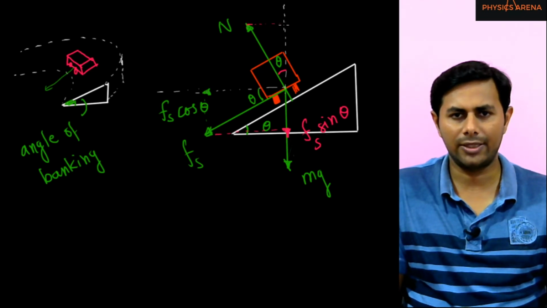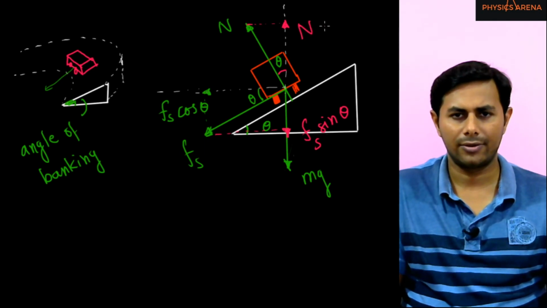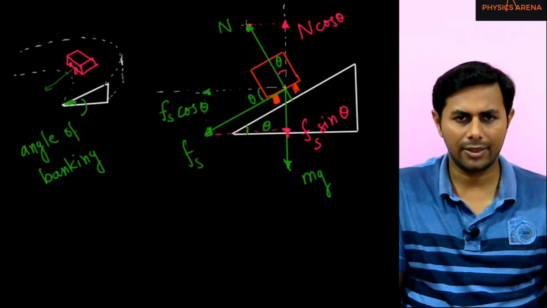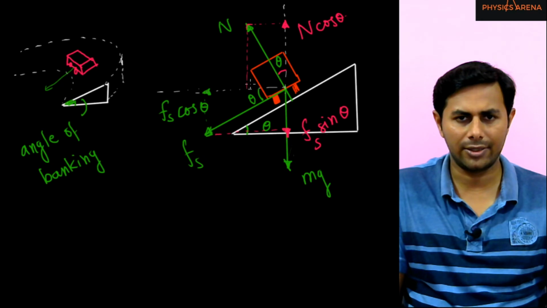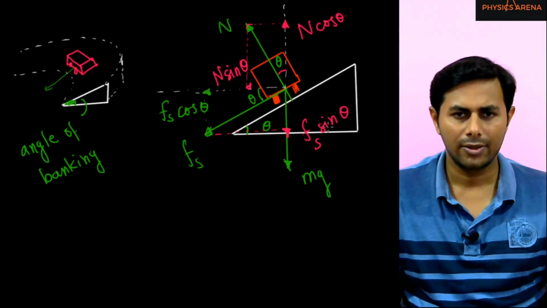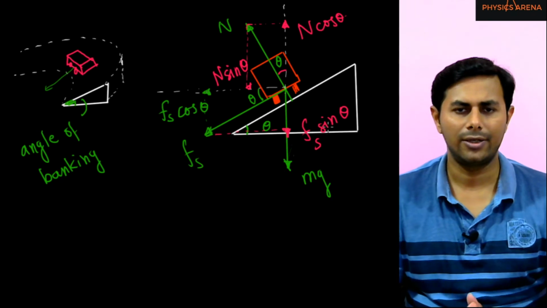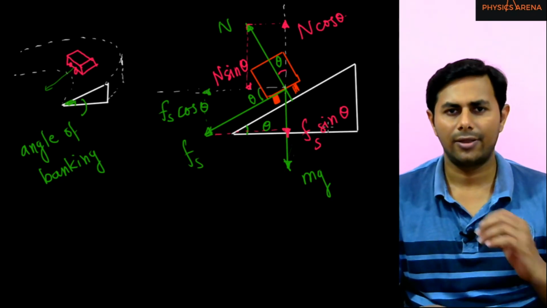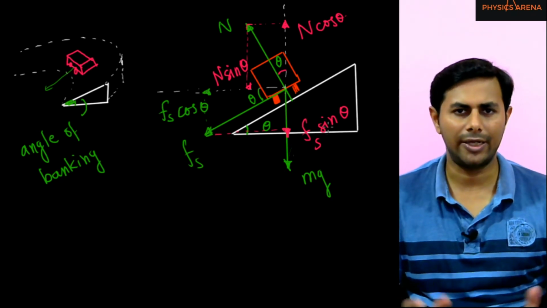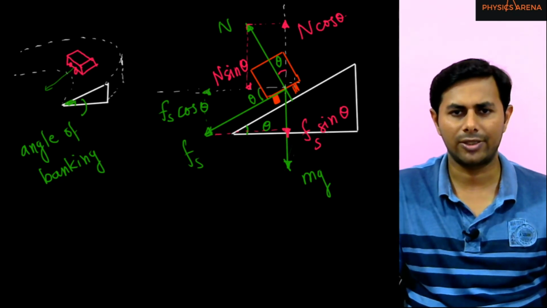So the component in this direction will be N cosine theta, and the component in horizontal direction will be N sine theta. Okay, now for the equilibrium of this vehicle in vertical direction, the forces in vertical plane should be balanced. So let's write down equations for the equilibrium.